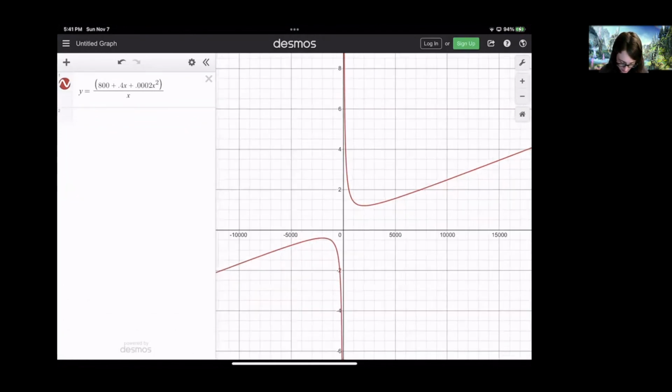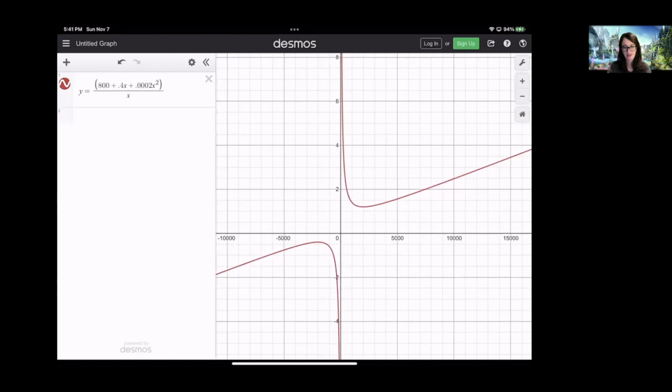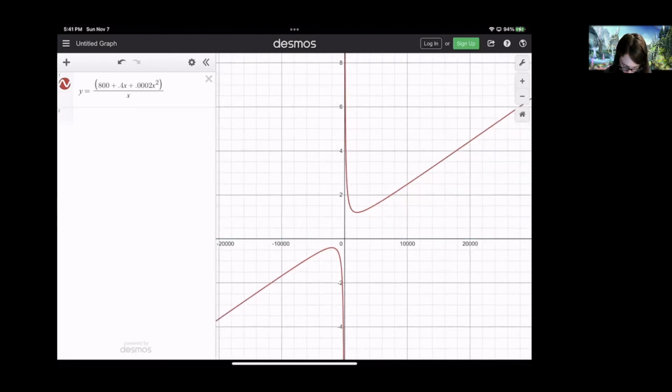If you want to download it onto your phone even, you can squeeze things and point at stuff, and it gives you a coordinate. So actually, there we go. So 2,000, there's the minimum there. That 1.2 would be the actual average cost per book. And it does look like we've got a minimum right at that point. So we did a good job.